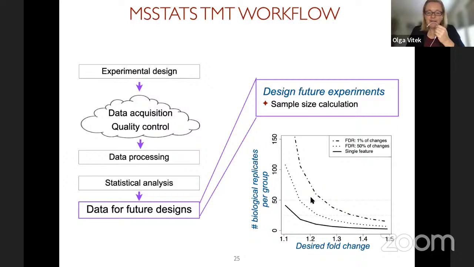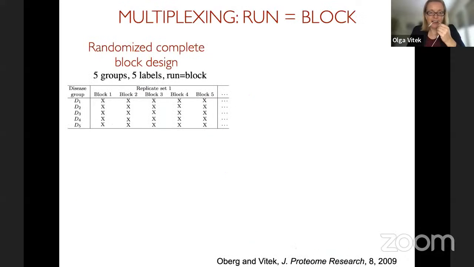Remember, I was telling you yesterday that we often think in terms of sample size, how different experiments can be more or less efficient in terms of requiring more or less sample size. This is the type of considerations that we have. Not all of this is implemented in MSstats because this type of considerations need to happen before collecting the data. But let me tell you how statisticians think about this in general.